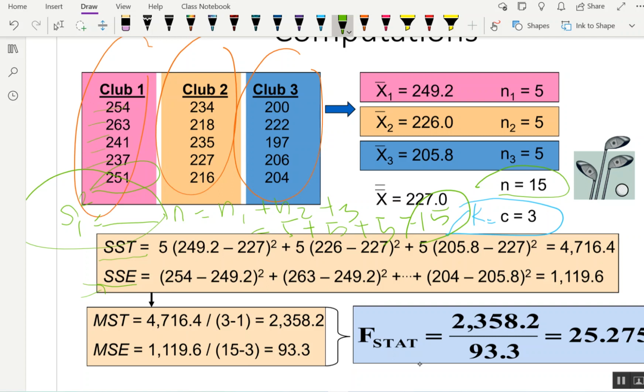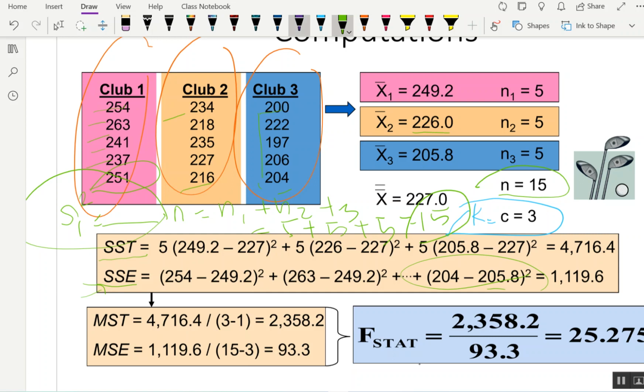Then they start with 234 minus 226 up to 216 minus 226, then they continue 200 minus 205.8 up to 204 minus 205.8 here. So they need to calculate manually. So it's just the same, it's not any different.